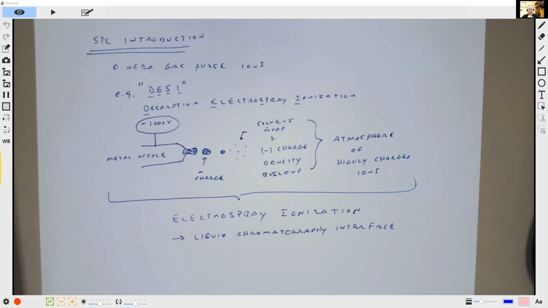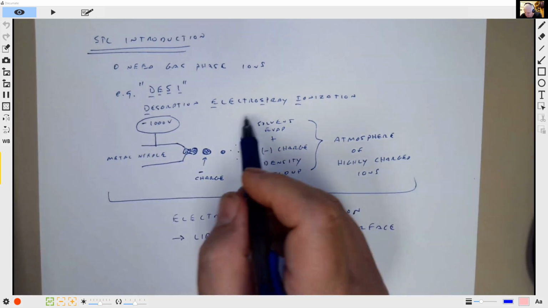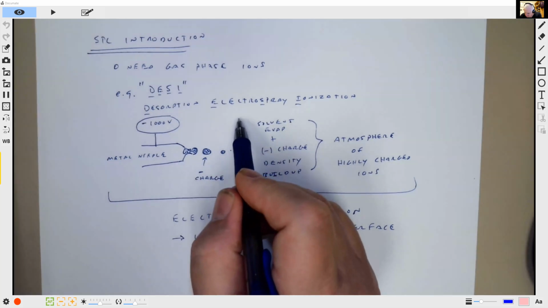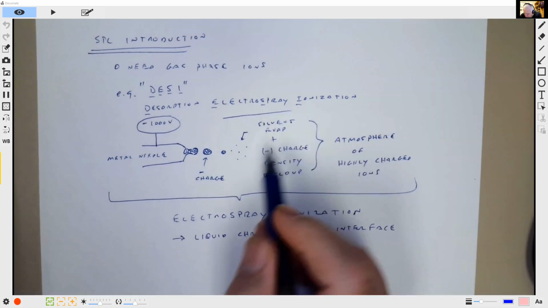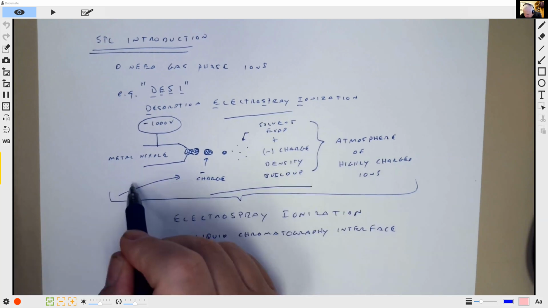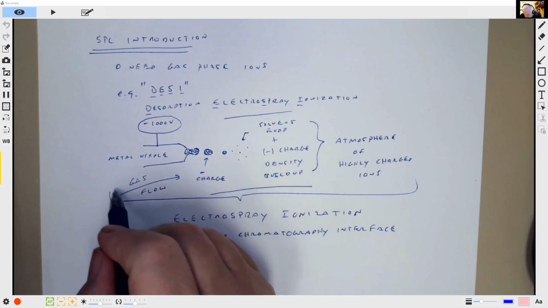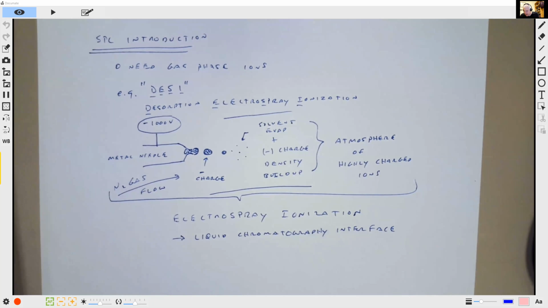But the idea is simply that you have this charged needle, and then obviously there's ground planes out here, right? But you have this flow of gas, and it's typically nitrogen gas flow, a drying gas, and sometimes you have countercurrents and things like that.